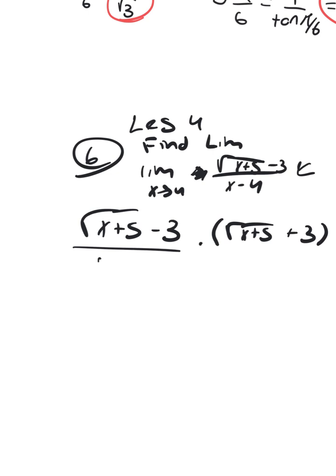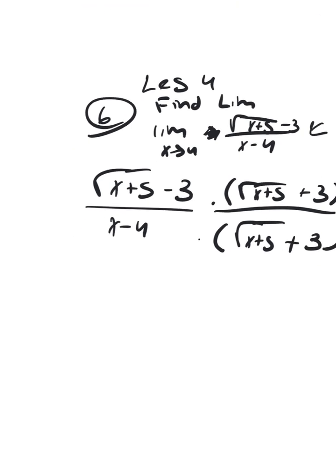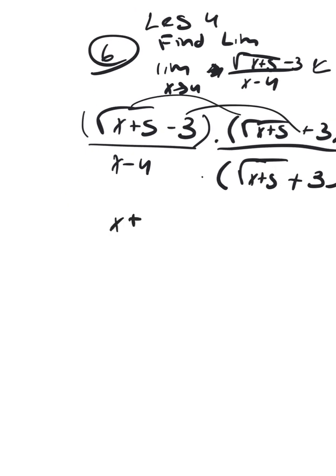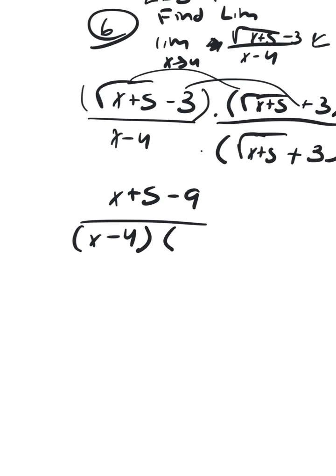Let's do it again here. x minus 4 times x plus 5 plus 3. If we multiply these two sides here, we're left with x plus 5 minus 9 over x minus 4 times x plus 5 plus 3.